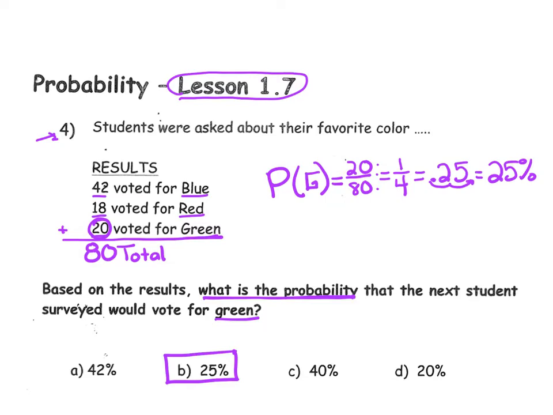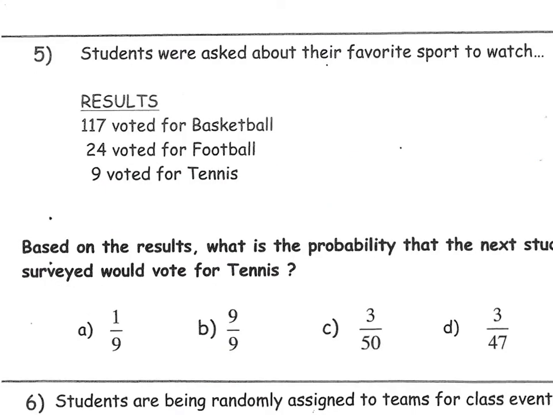Let's move on to the next problem. This question states, students were asked about their favorite sport to watch. 117 voted for basketball, 24 students voted for football, and 9 students voted for tennis.